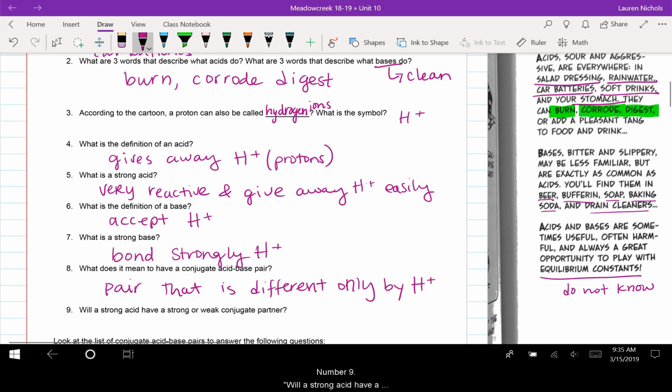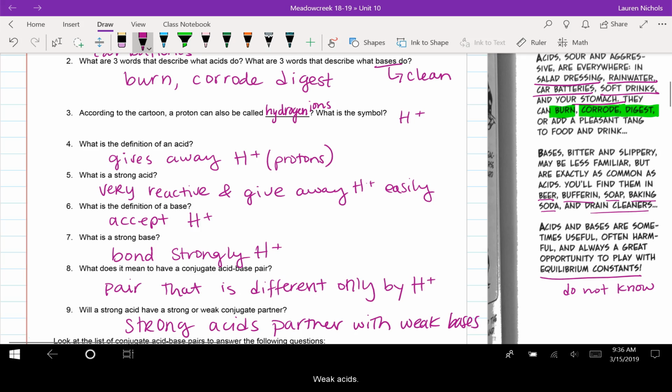And number 9, does a strong acid have a strong or weak conjugate partner? So if I am a strong acid, it said the stronger the acid, the weaker its partner. So strong acids partner with weak bases. And so that also means that strong bases partner with weak acids.